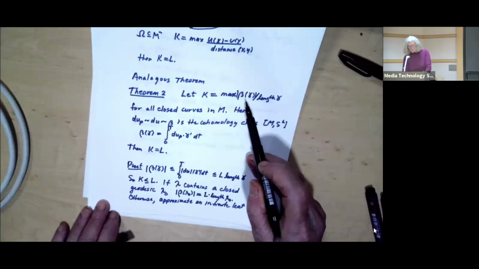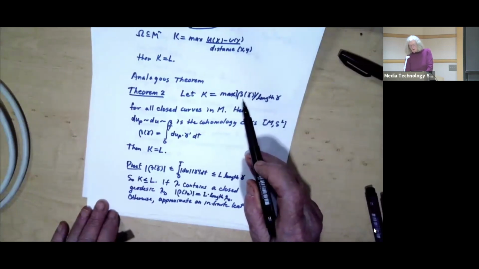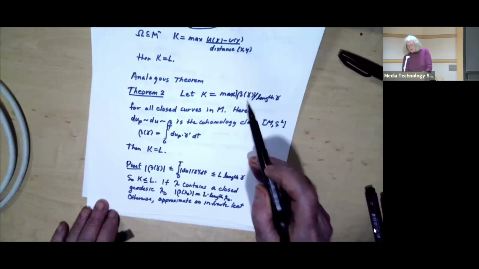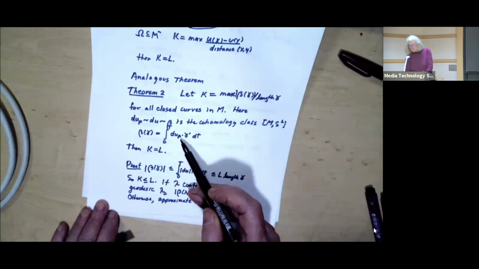U is in a fixed cohomology class, which I call beta. And you can evaluate beta on any closed loop by just taking U_p, any smooth function.